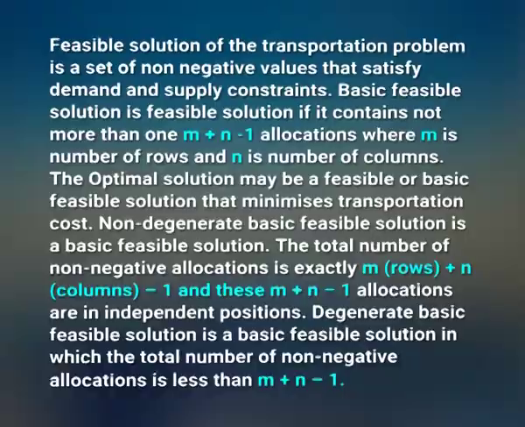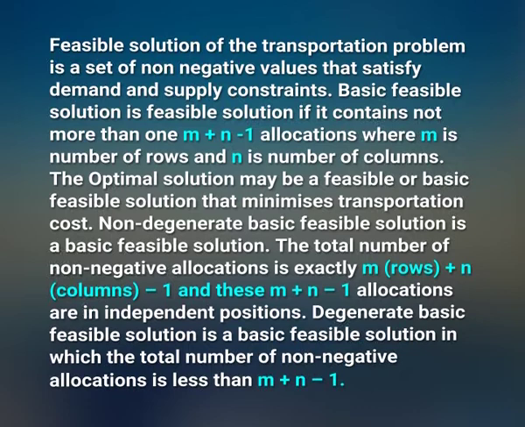Non-negative restriction indicates that the numeric value should not be less than 0. A feasible solution of the transportation problem is a set of non-negative values that satisfy demand and supply constraints.